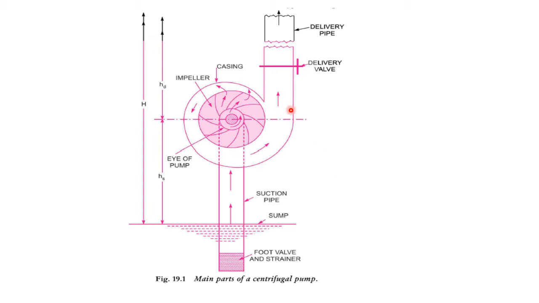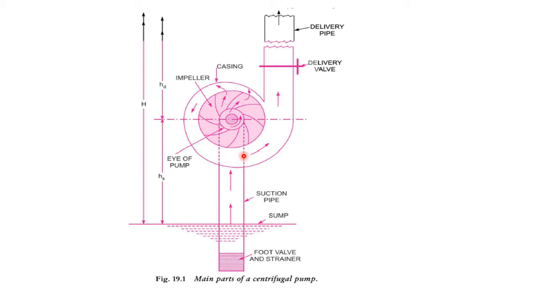So in this figure, this one is the volute casing, and these are the main parts of the centrifugal pump. This is the eye, this is the impeller, this one is the casing, this is the delivery pipe, and this one is the suction pipe. This HS is the suction head, HT is the delivery head.